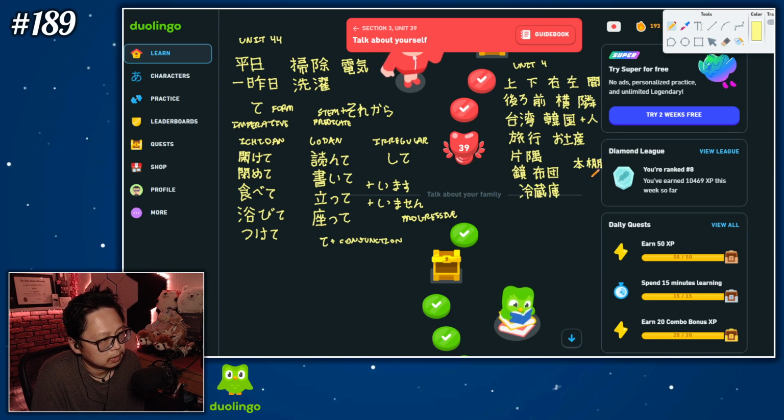Ondana. Satsu. Issatsu. Sansatsu. Nanasatsu. Hassatsu. Gyusatsu. Jussatsu.